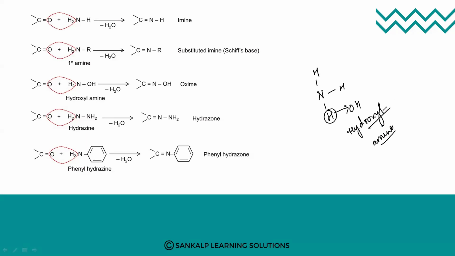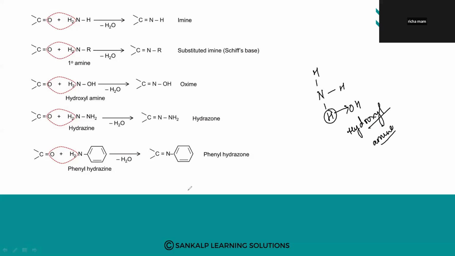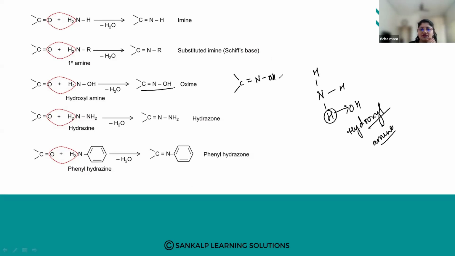Now this hydroxylamine, when it reacts with your carbonyl carbon, what do you get? You get an oxime. Again you get C double bond N OH. So this is called oxime.